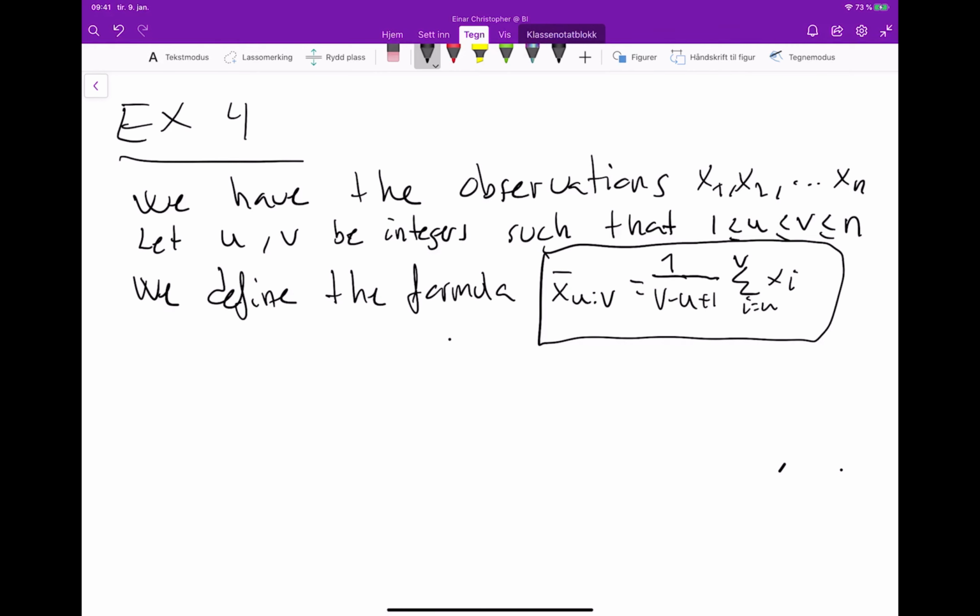So, recalling, before we start the exercise, and we are told to do this, so we do it. Recalling that the mean of the n first numbers is equal to 1 divided by n, sum i equal 1 to n. That we know.